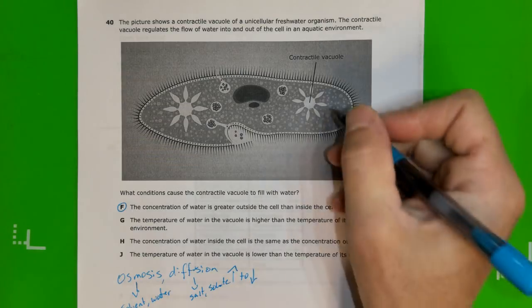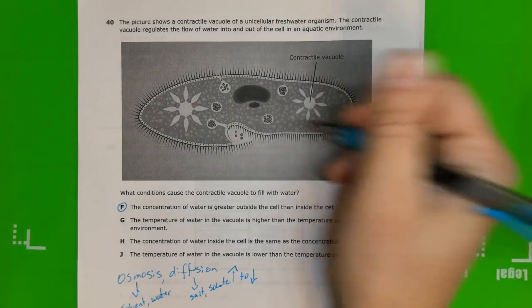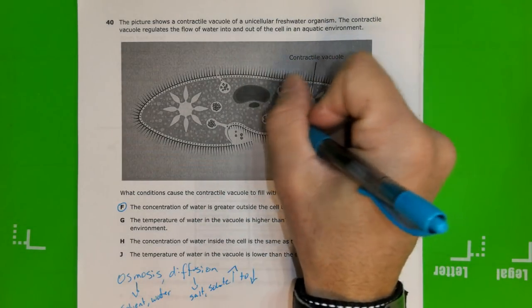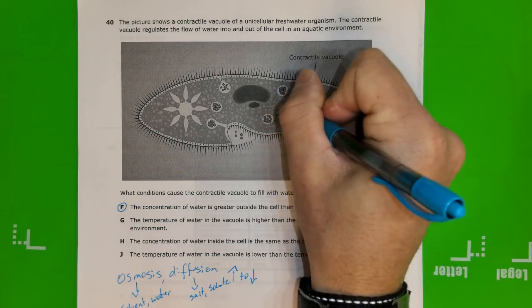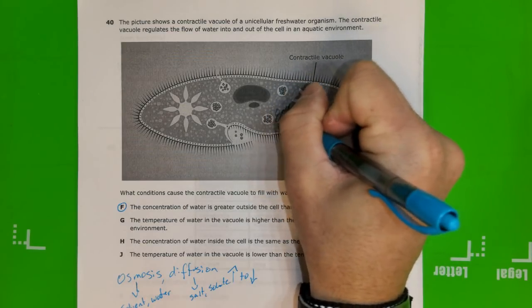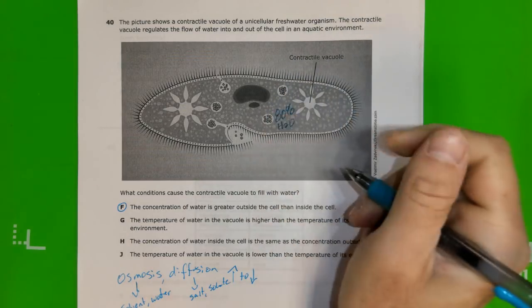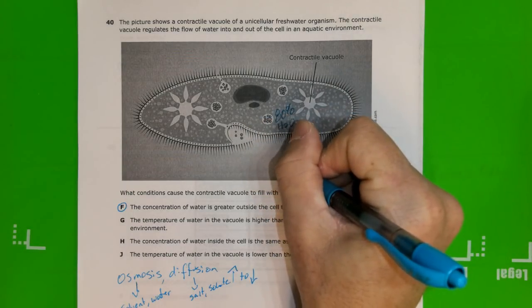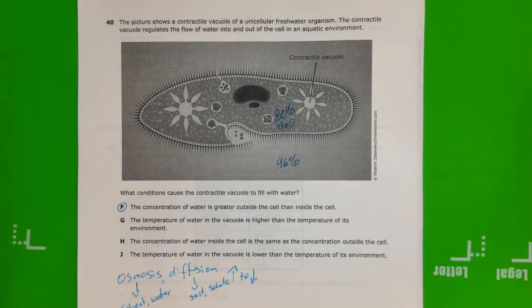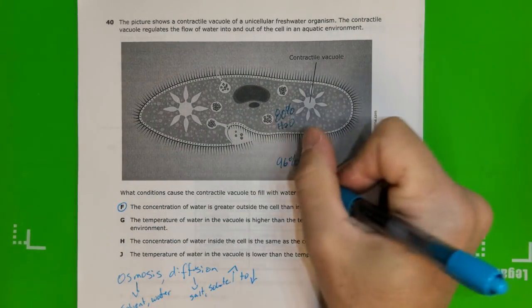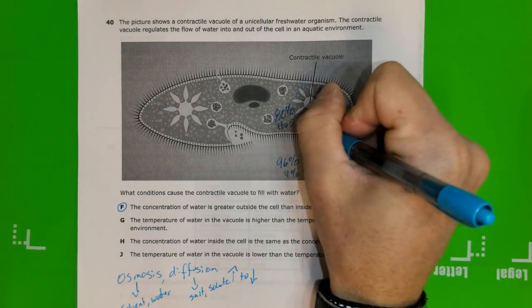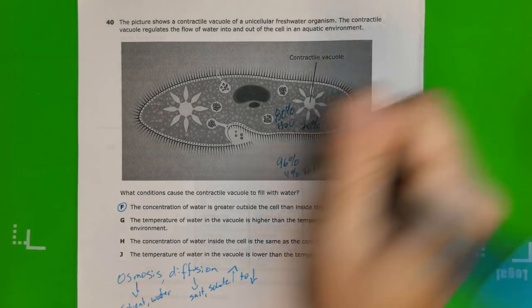So if the water is greater outside of the cell, so let's say inside this cell we have 80% water, and the other 20% of this is going to be salt, and outside the cell we have, let's say, 96% water, and the other 4% is going to be salt.